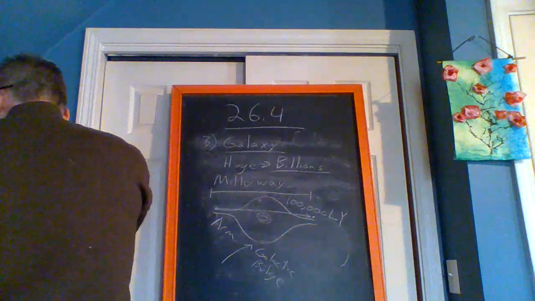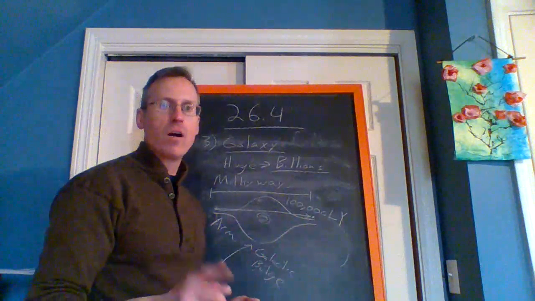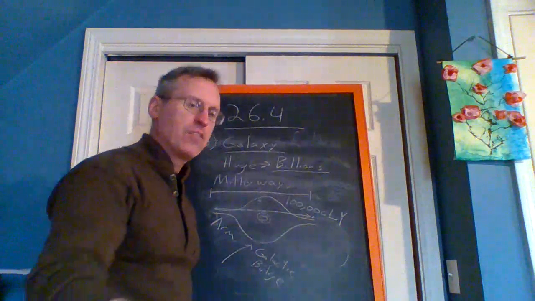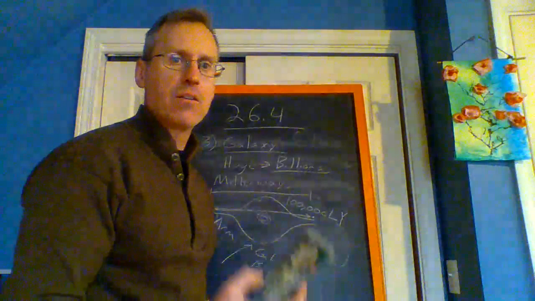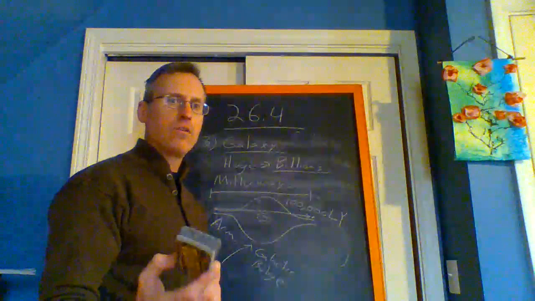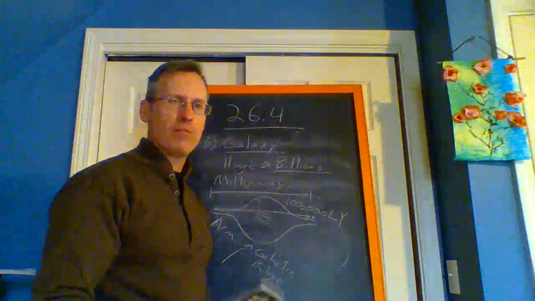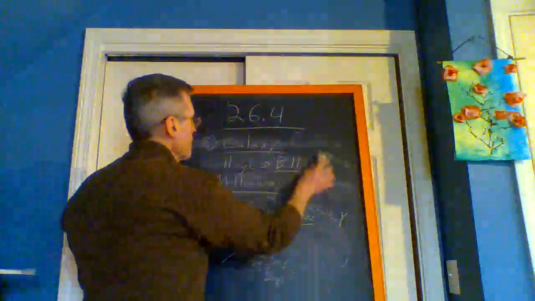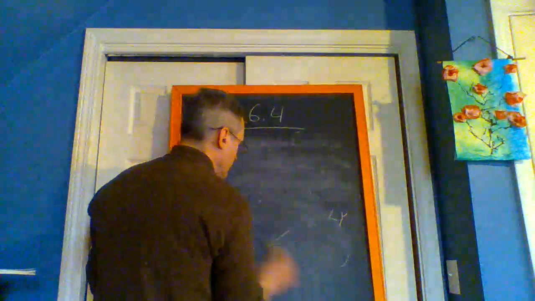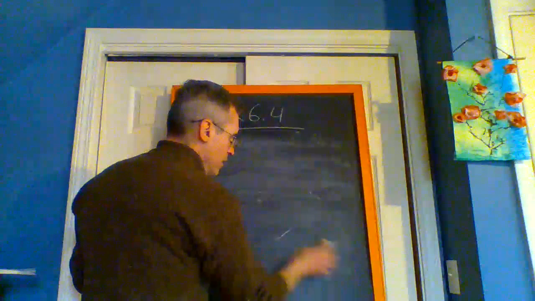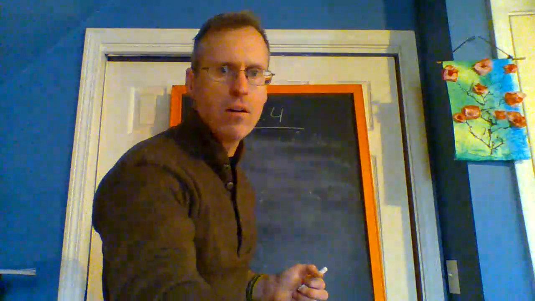Okay. The last thing I want you to know are these other objects out there that are neither stars nor galaxies. Well, sort of. Let me show you. These things are called quasars, and we don't know a lot about them. So let me write it.